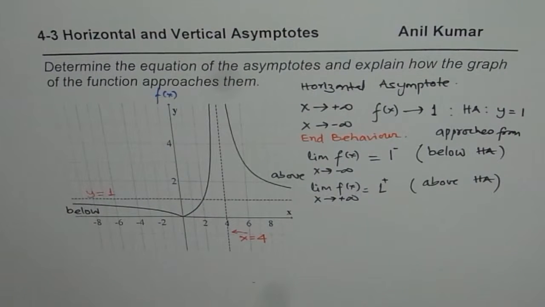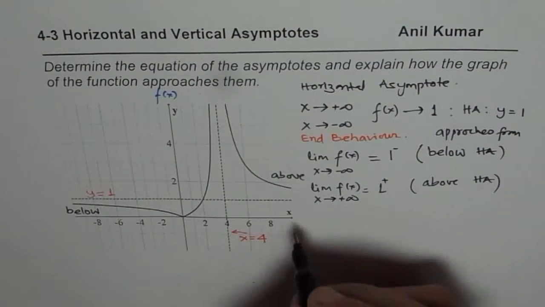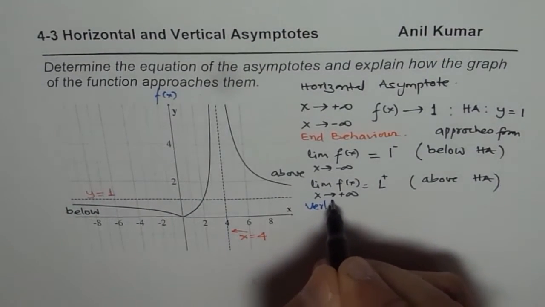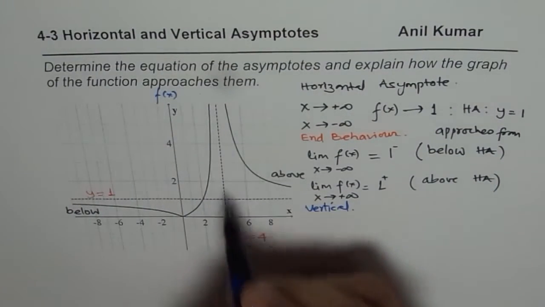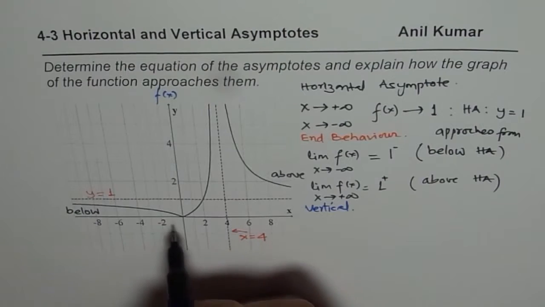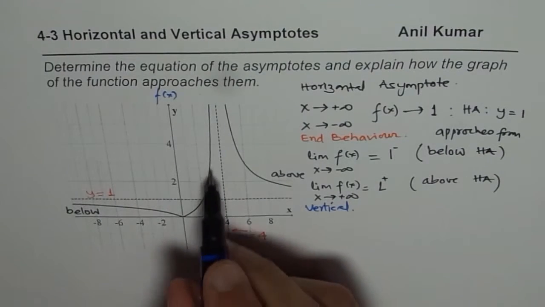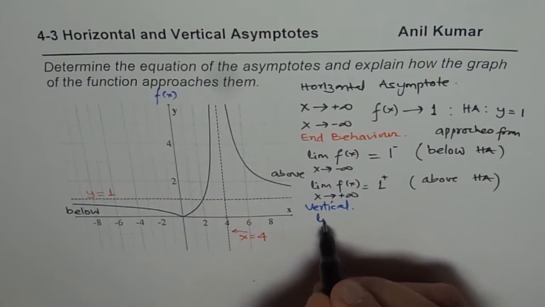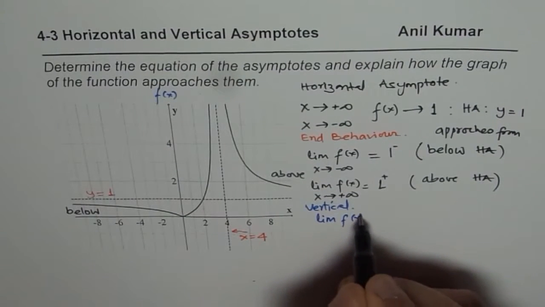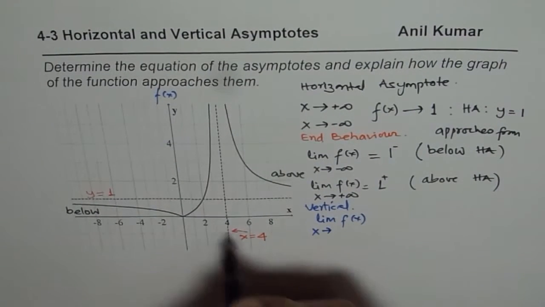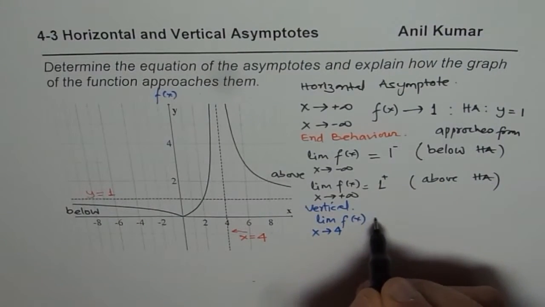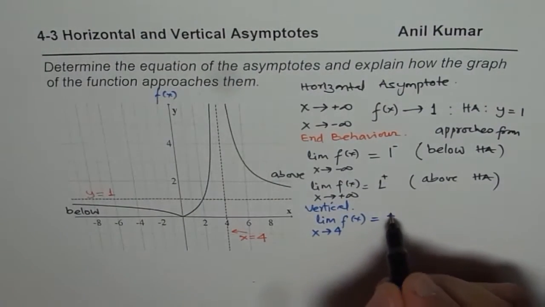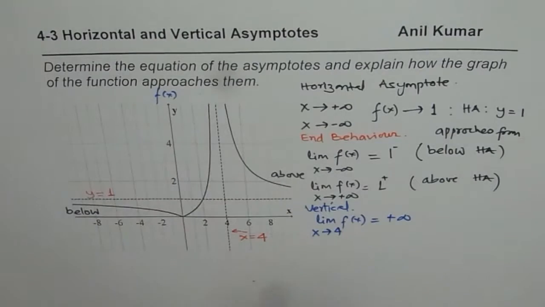Now, let us analyze the vertical asymptote. A vertical asymptote is the one where, when we are approaching that value, the function approaches an infinitely large value. So what is happening here is that the limit of the function f of x as x approaches 4 is actually becoming positive infinity. Do you see? It is very, very large.